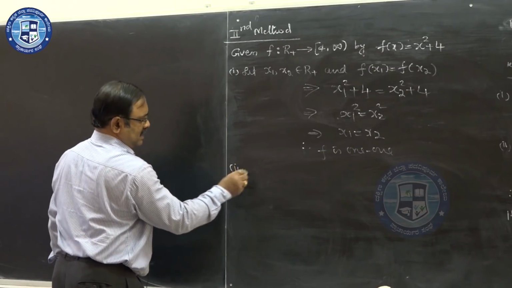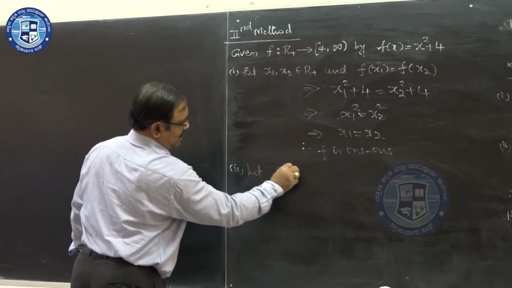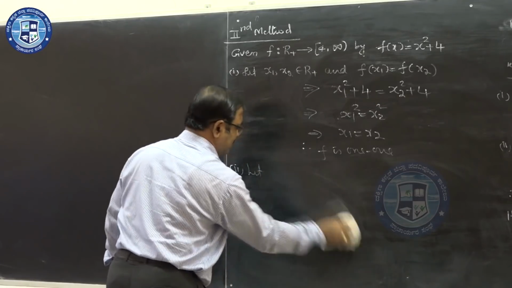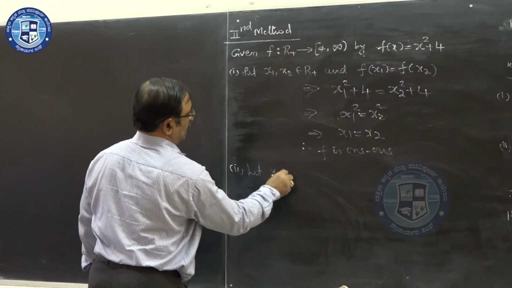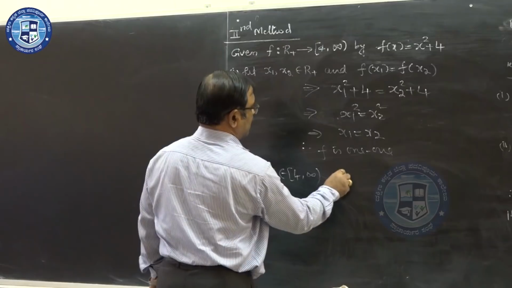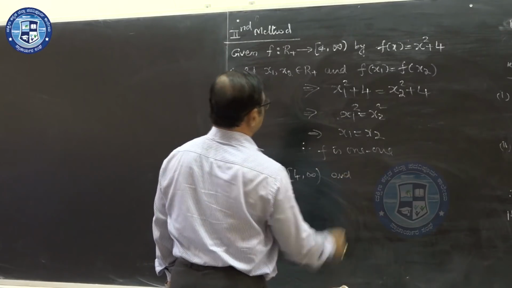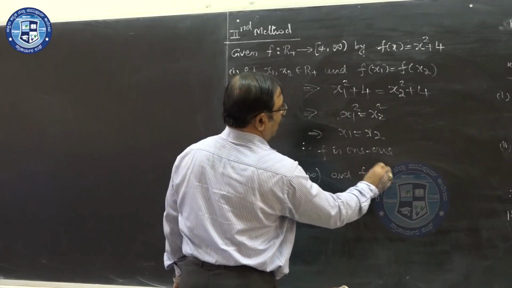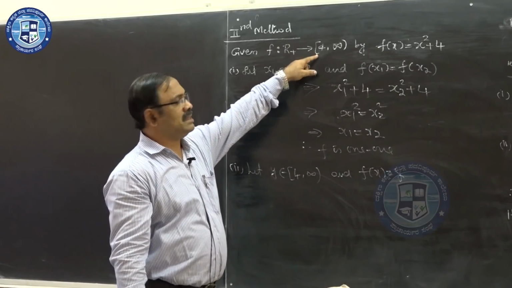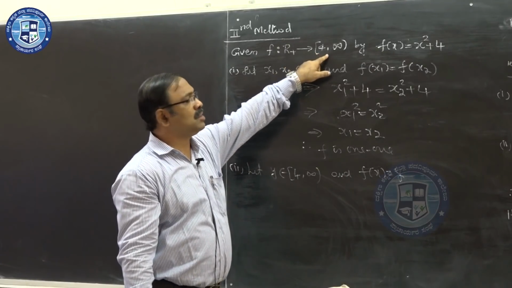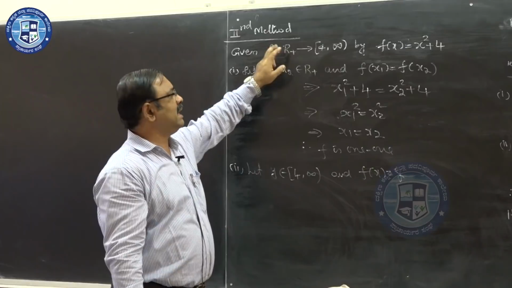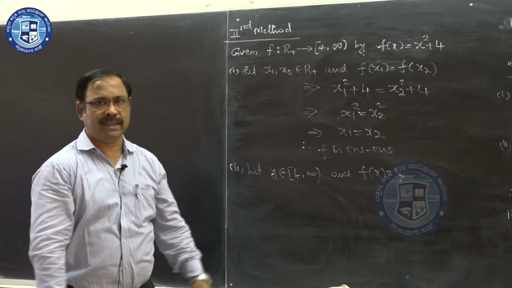Next, second case. Let y belong to [4, infinity), and we have f of x equal to y, because onto means what? Onto means for y belonging to the codomain set, there exists some x belonging to the domain set such that f of x is equal to y.